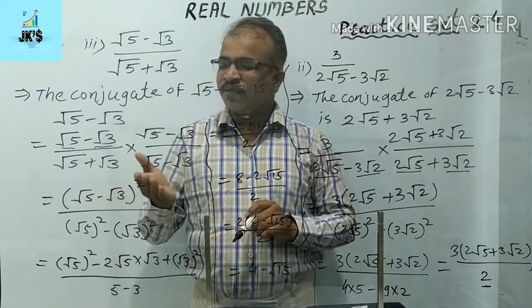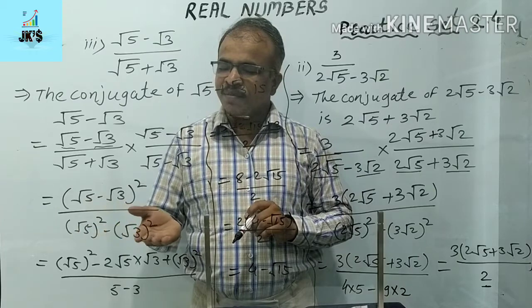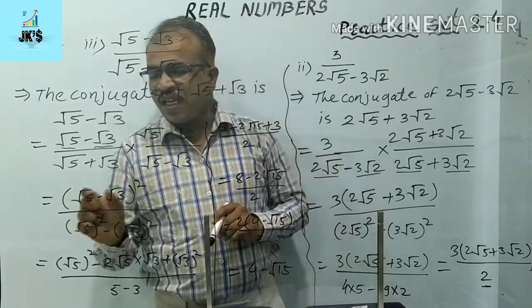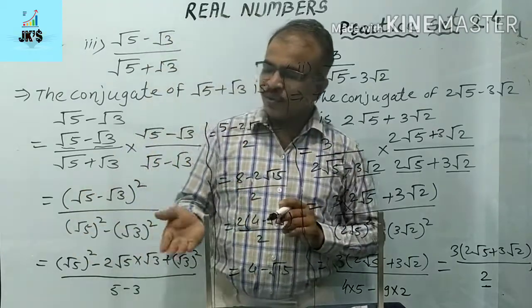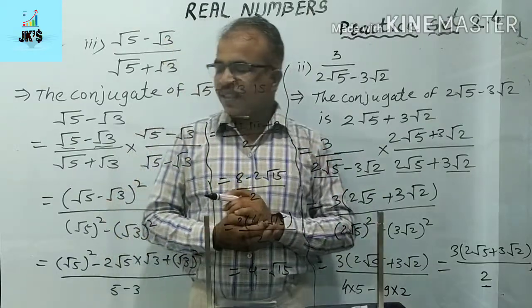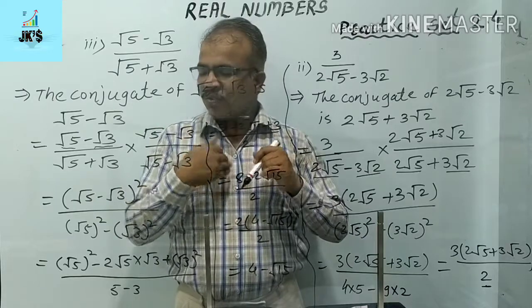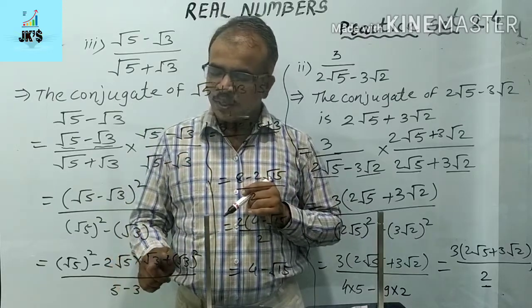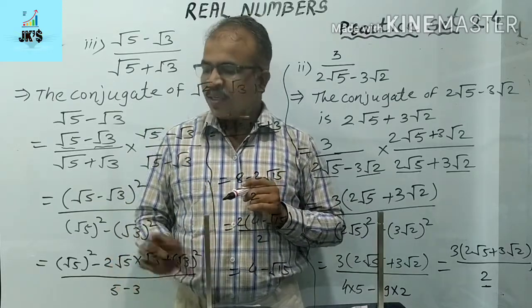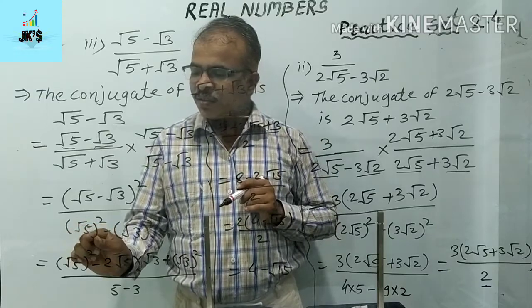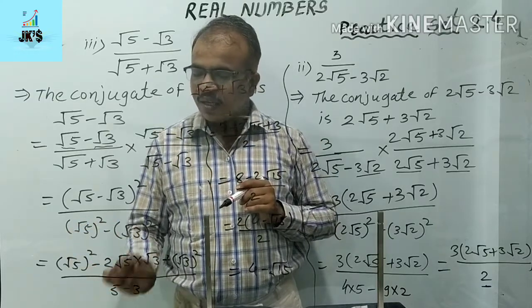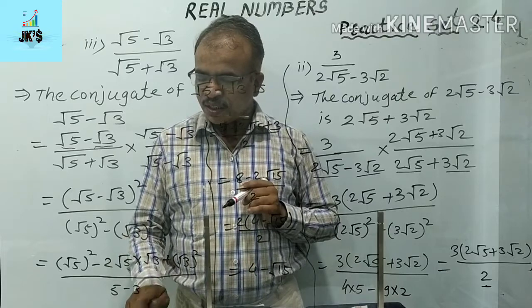So we expand this. (A minus B) square equals A square minus 2AB plus B square, and A square means square of root 5 is 5 and square of root 3 is 3.